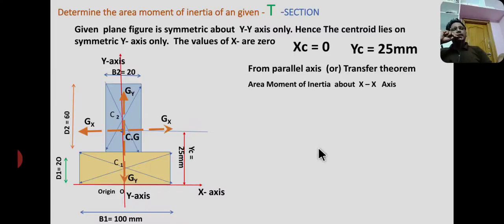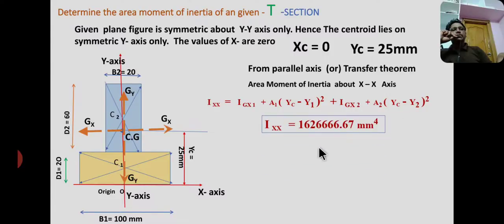Area moment of inertia about the xx axis, that is about this bottom axis: Ixx equals Igx1 plus a1 into (yc minus y1) whole square plus Igx2 plus area 2 into (yc minus y2) whole square, and the answer is Ixx equals 1626.67 mm power 4. So Ixx is the area moment of inertia about the base or about the xx axis.